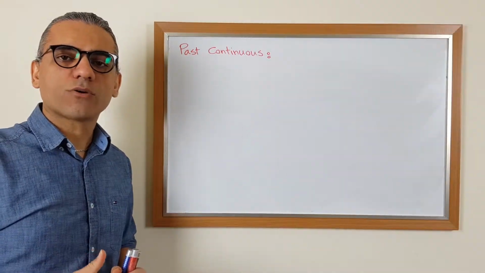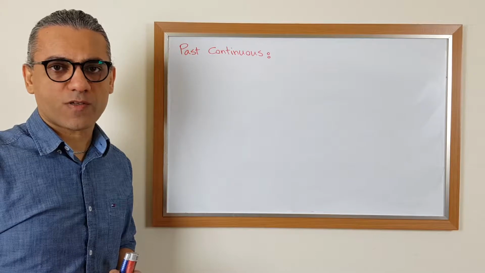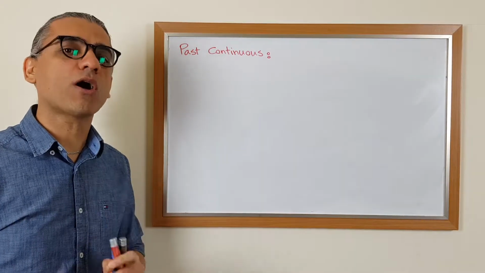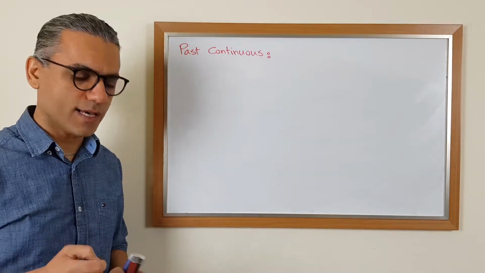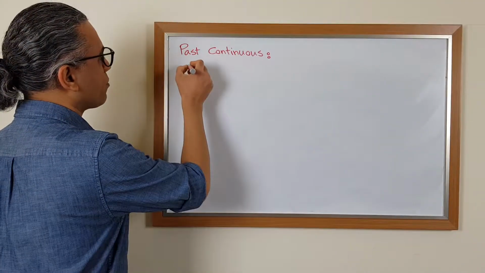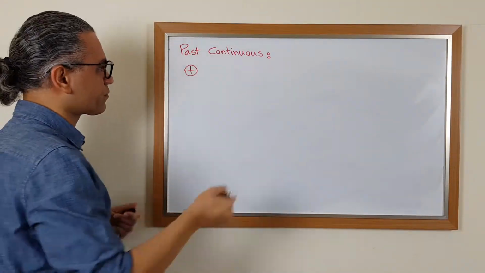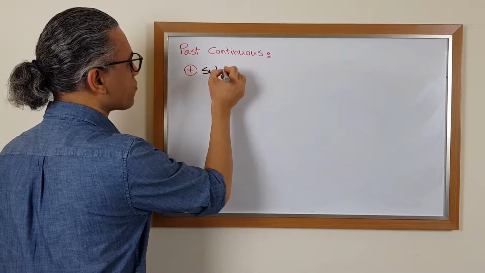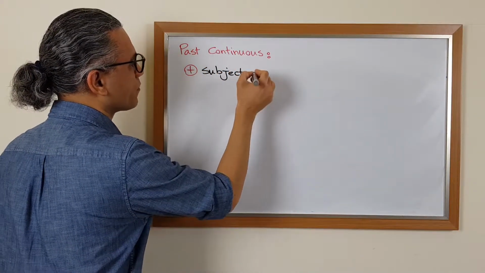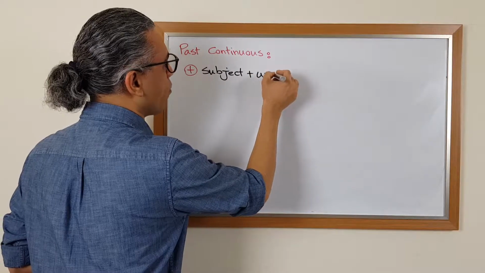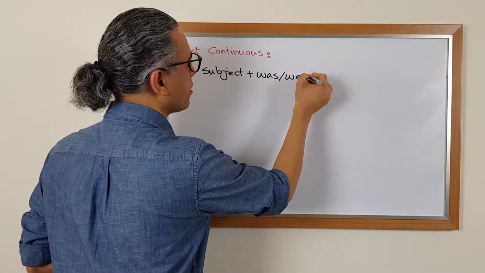Now, let's talk about the form of past continuous sentences, or how we write past continuous sentences in English. Now, positive or affirmative sentences. We start the sentence with subject plus was or were.